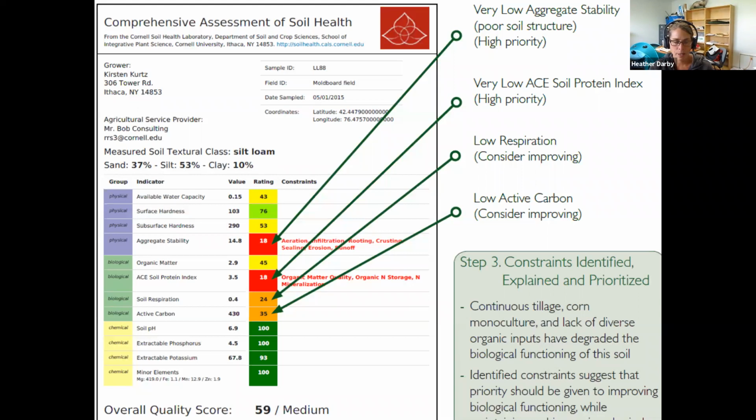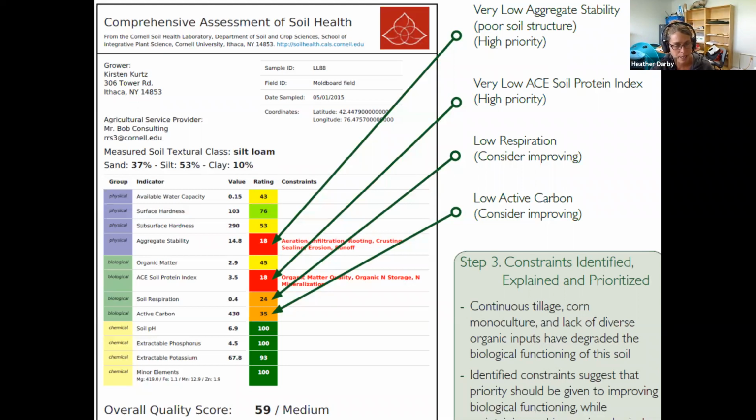And so if you get these lower scores, then making a change will likely result in some improvement in productivity or environmental quality. But this is where it's a bit different than the chemical tests, where we usually say, oh, you're going to get higher yields if you provide the nutrients that the plant needs.